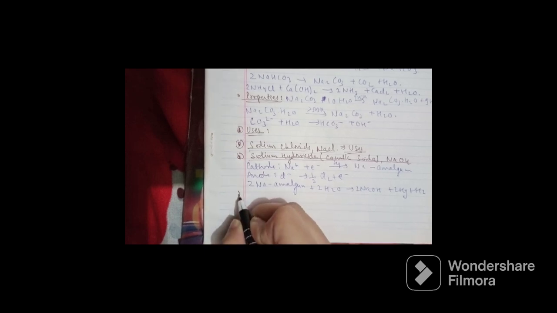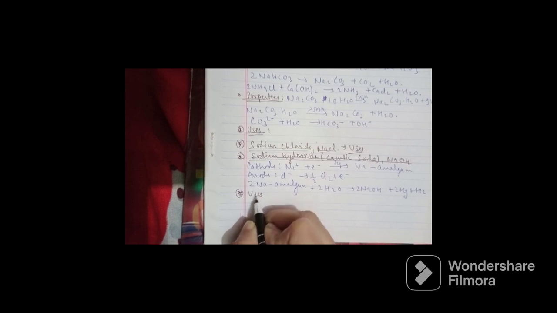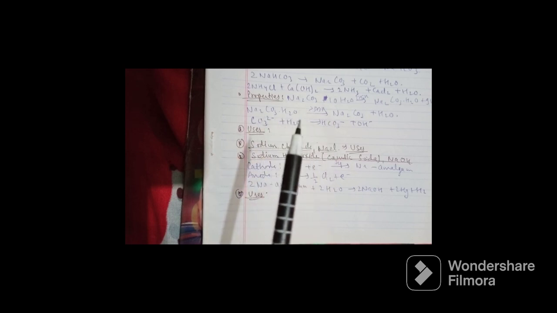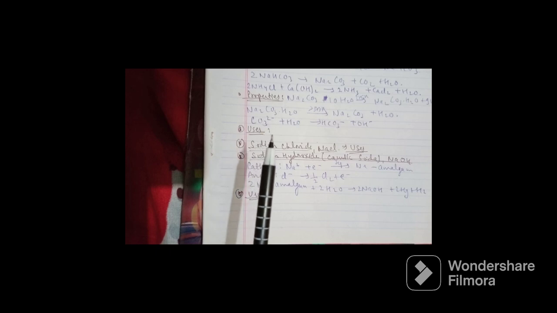Now we discuss the uses of sodium hydroxide, which is caustic soda. It is used in the manufacture of soap, paper, artificial silk, and a number of chemicals, in petroleum refining, in purification of bauxite, in the textile industry for mercerizing cotton fabrics, for the preparation of pure fats and oils, and as a laboratory reagent.